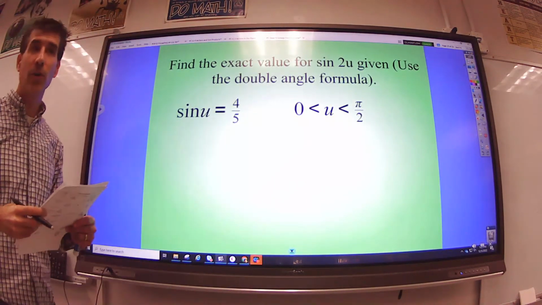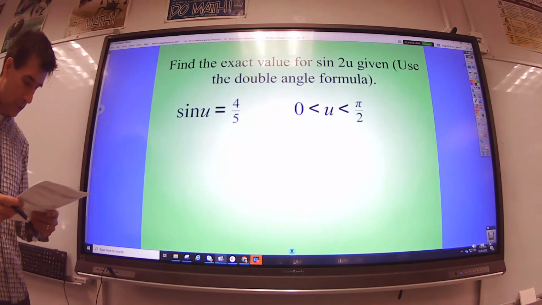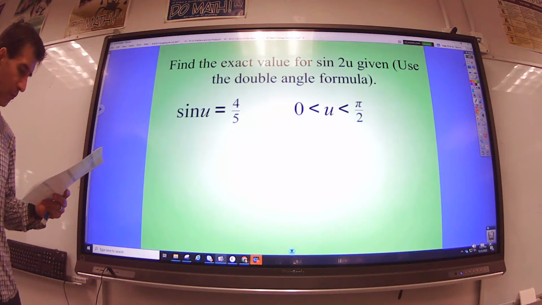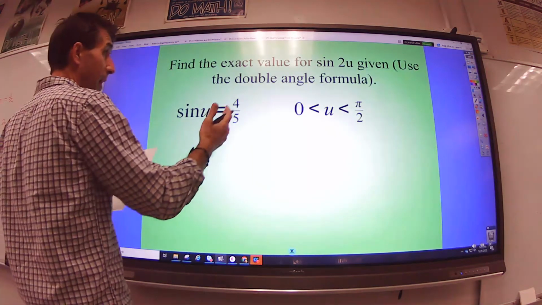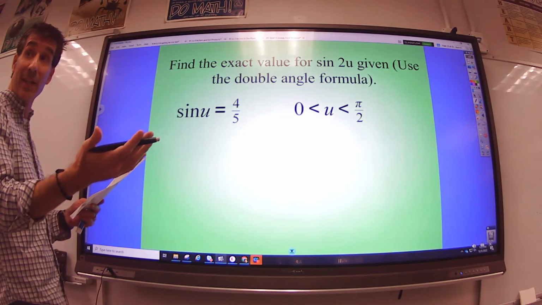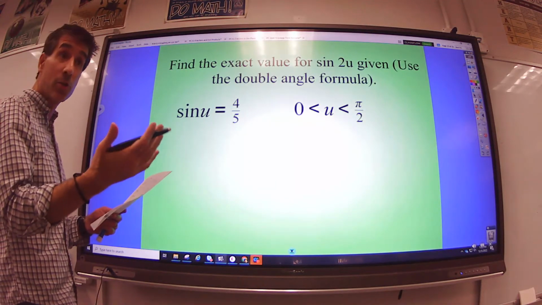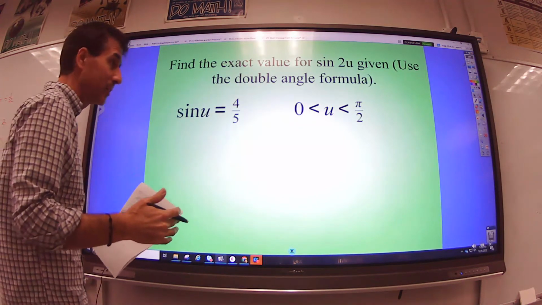Do you guys see the double angle formula on your golden sheet? The double angle formula of sine of 2u. Now, we're doing sine of 2u. There's also cosine of 2u that you might need to know how to do. There's also tangent of 2u. I might give you something different on the test.